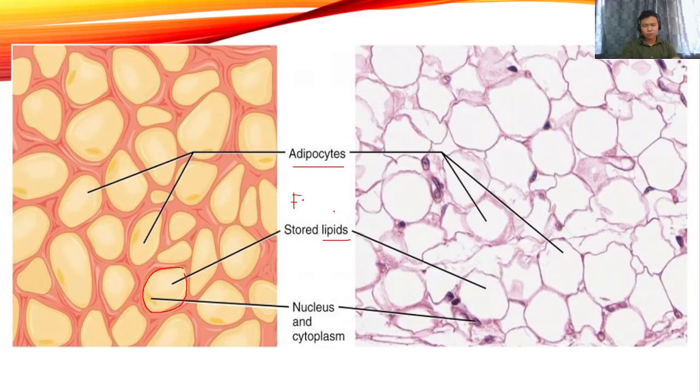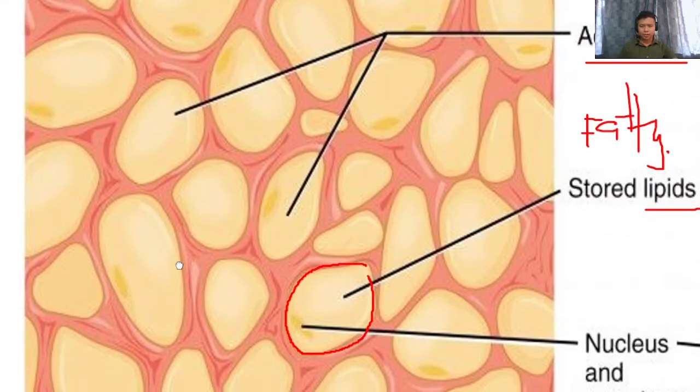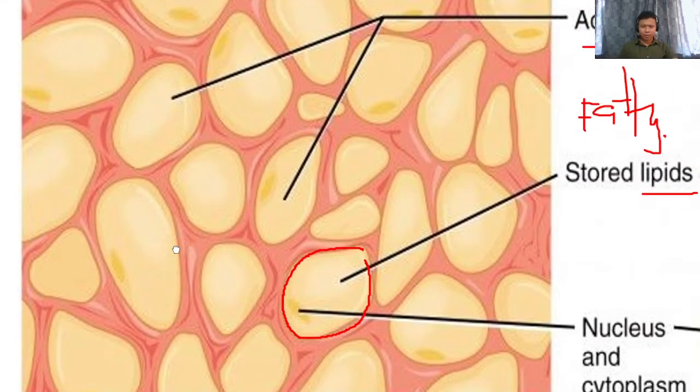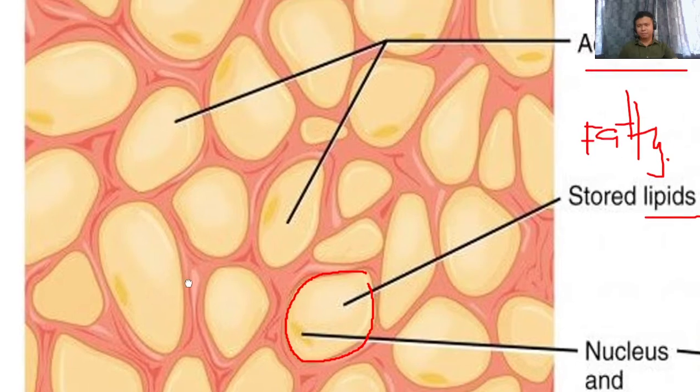They store fatty components, which might be used for insulation, simply by keeping our body warm, by cushioning, by coating our cells with fatty components. Adipocytes look like this. They also have the nucleus and the cytoplasm.